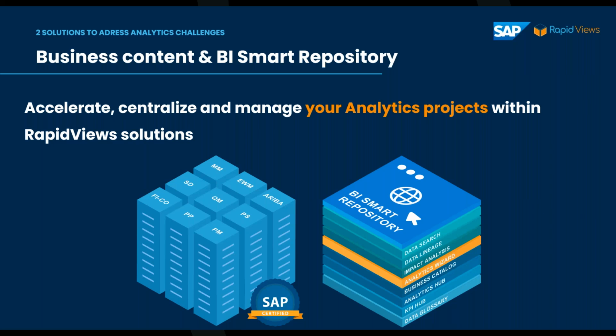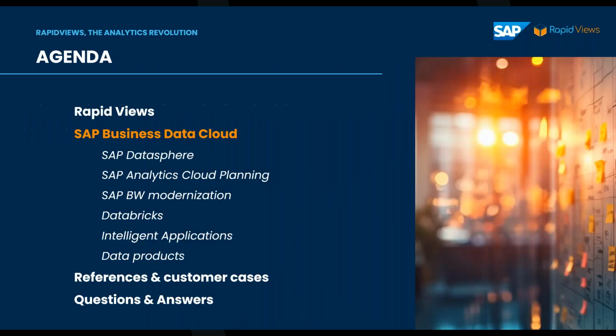And our BI Smart Repository is the platform where you can centralize all your analytics components. We have a very strong component for BW that allows you to import your BW legacy system and to audit and understand what you have in your system and how you can migrate to the BDC, SAP Business Data Cloud.